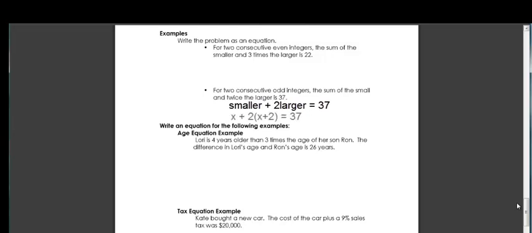So if x is our small number, we'll have x plus 2 times our larger number, which is x plus 2, then an equal sign, and then 37. If you wanted to, you could continue to work through the problem and get your answers, but you don't have to.